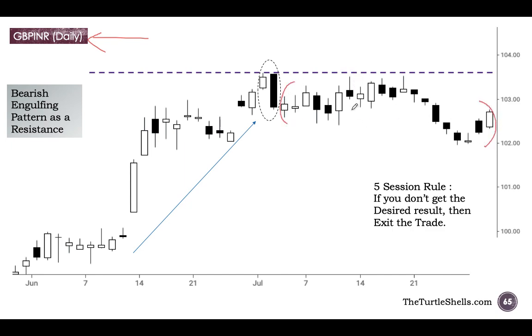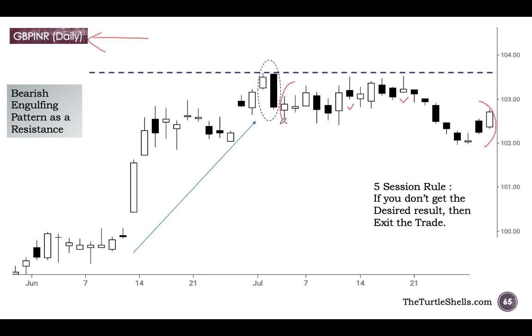These two candles, this is a shooting star, this is a shooting star, have tried to break that resistance, but forget about breaking or closing above the resistance, they have not even crossed the resistance. So that's the power of the bearish engulfing pattern.